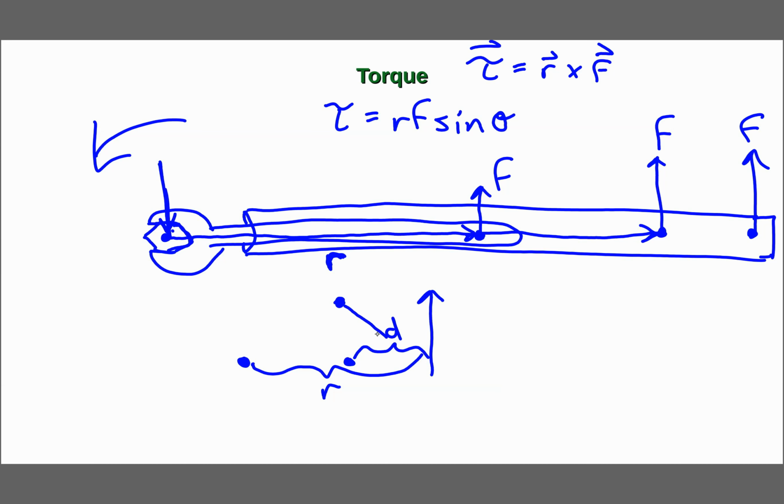And then if my R moves this way, if this is my new R prime, then this angle changes, right? Now they're not perpendicular. Okay? So by moving the axis of rotation around, I actually change the torques involved, even if none of the forces involved changed. Okay?